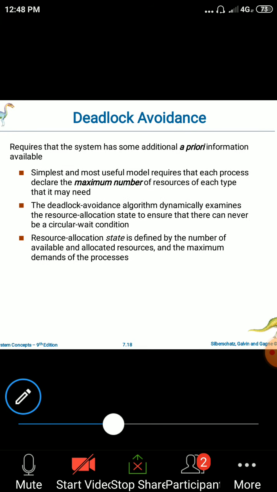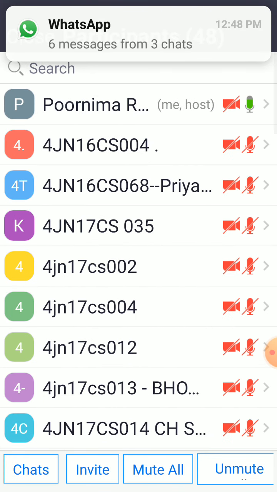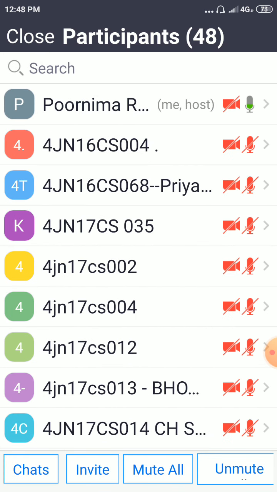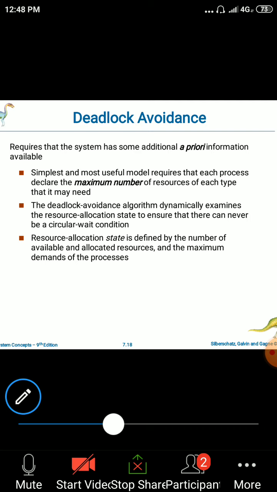We will study how to use deadlock avoidance algorithms in order to avoid deadlocks, and after that we will go for deadlock detection and recovery algorithms. So this is about deadlock prevention. Any doubt in this?